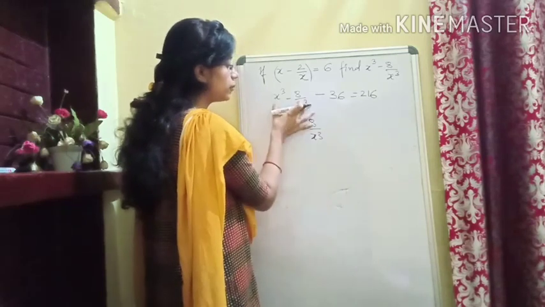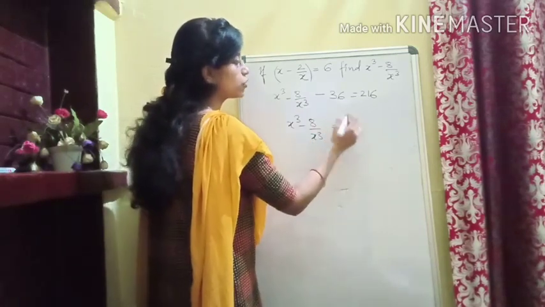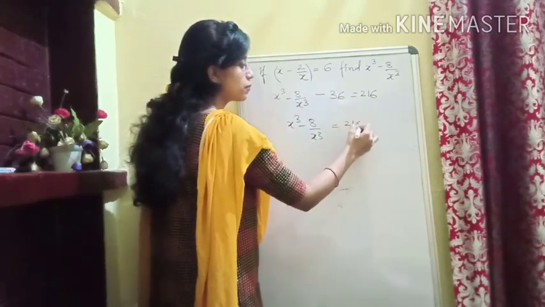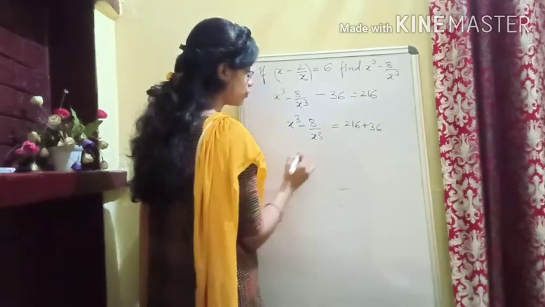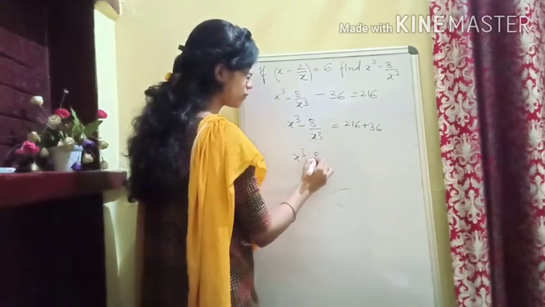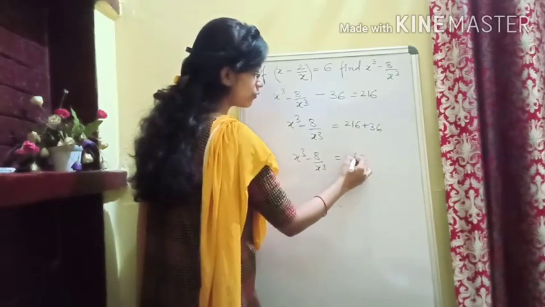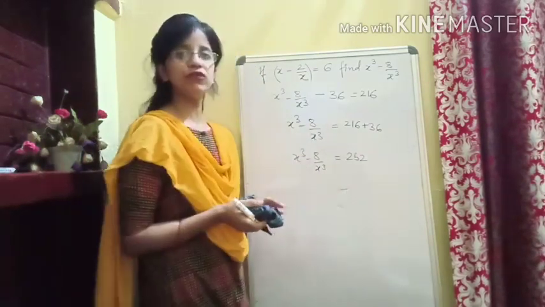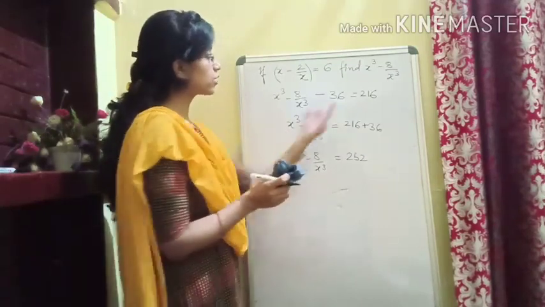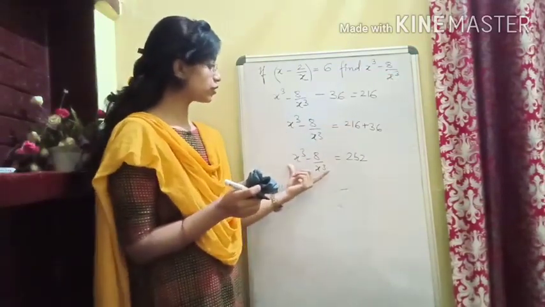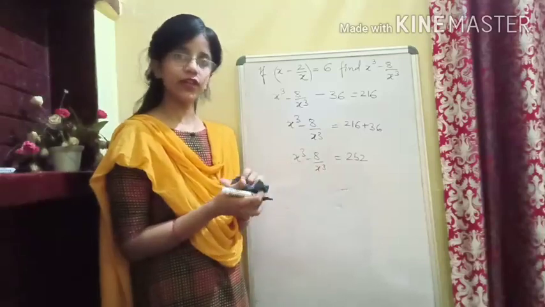We leave it here because we want to calculate it, and it will be 216 plus 36, which will be 252. The answer will be 252. See, so this is the value: x cube minus 8 upon x cube is 252.